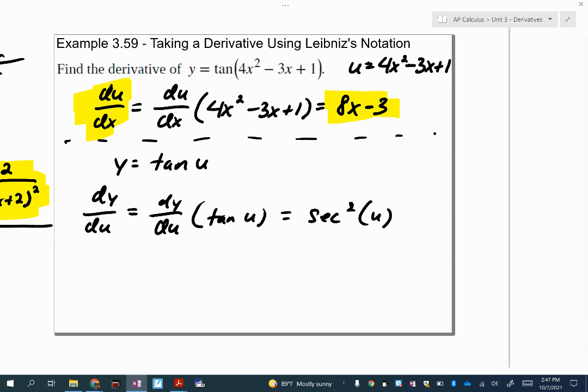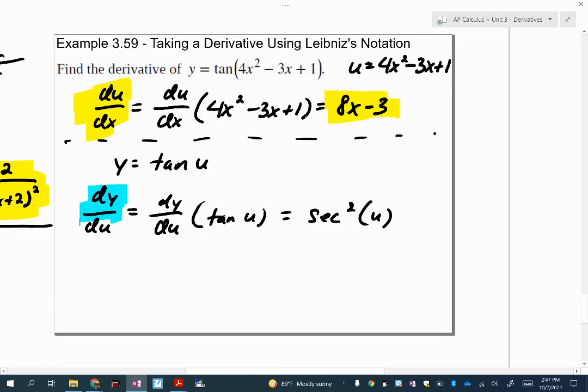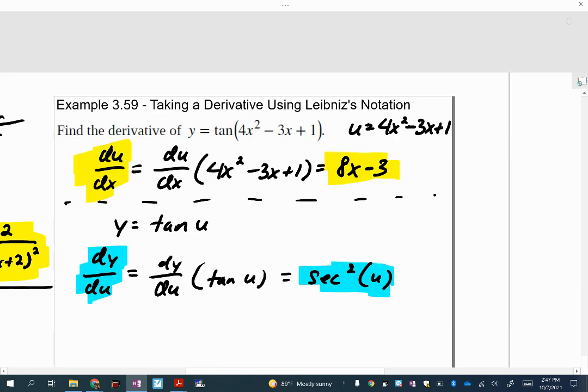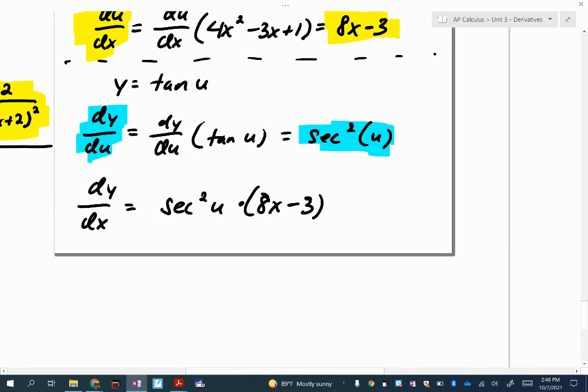All right, that's my second piece. And now I'm going to multiply them together to find dy over dx. So dy over dx is equal to secant squared u times 8x minus 3. Okay, remember this is the answer, but it's not.